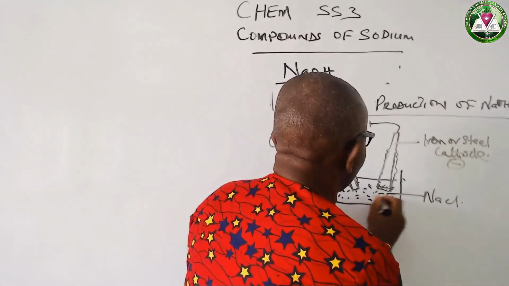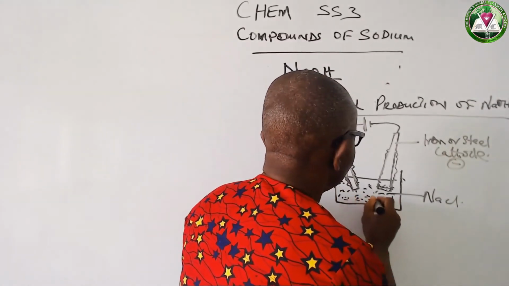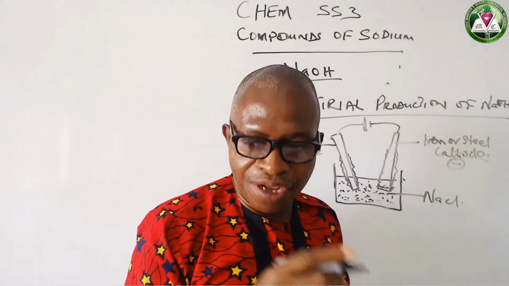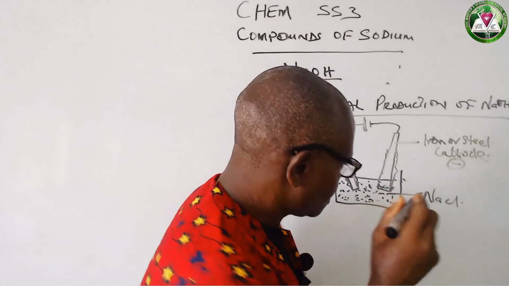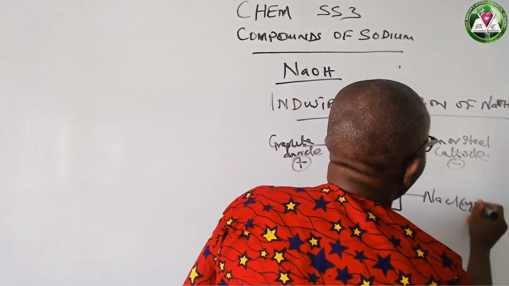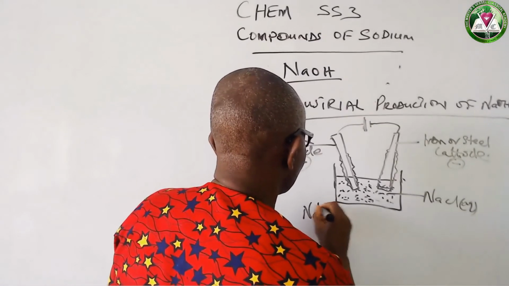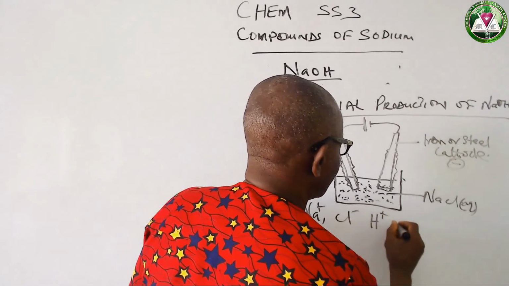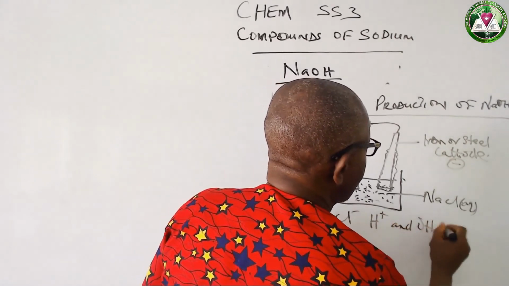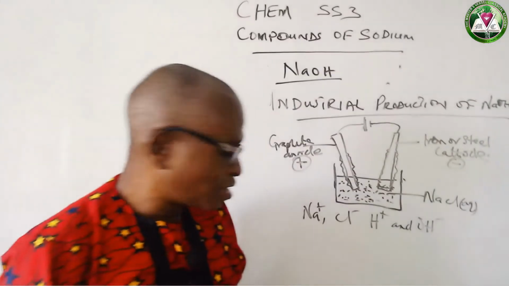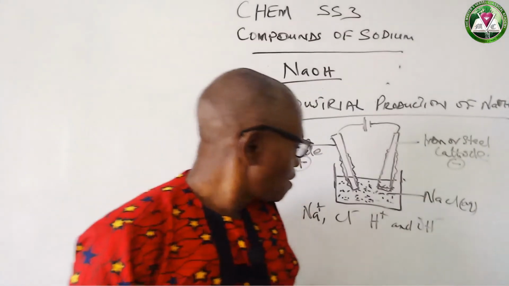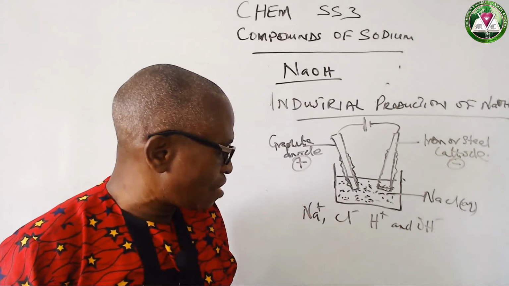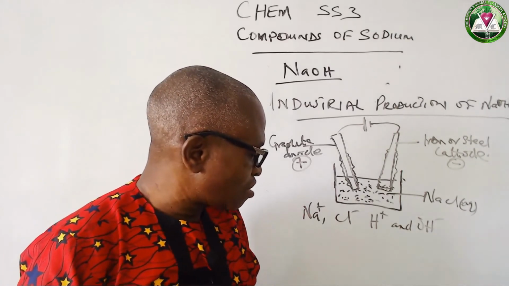Therefore, if you have your sodium chloride solution, aqueous, you discover that the ions you have in that aqueous sodium chloride will be sodium ion, chloride ion, hydrogen ion, and hydroxide ion. The sodium ion and the chloride ion are from sodium chloride, while the hydrogen ion and the hydroxide ion are from water.